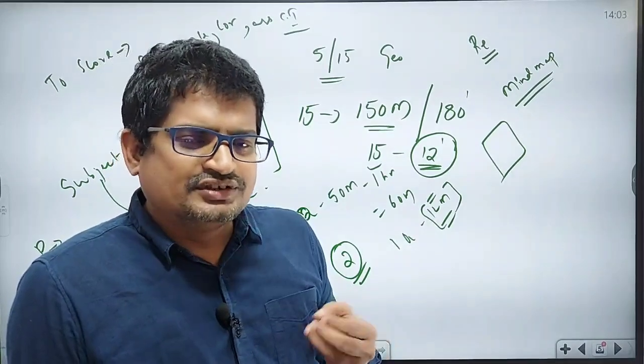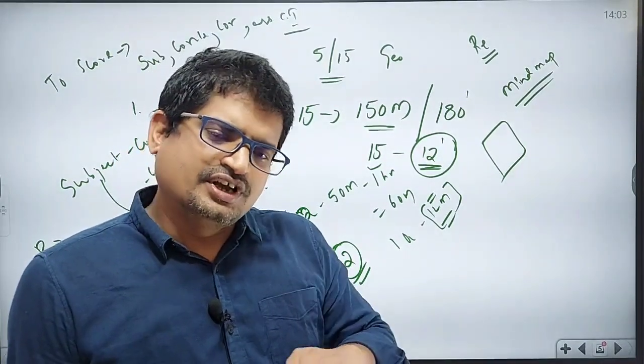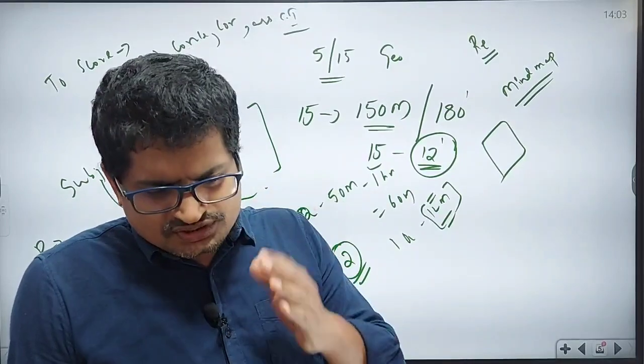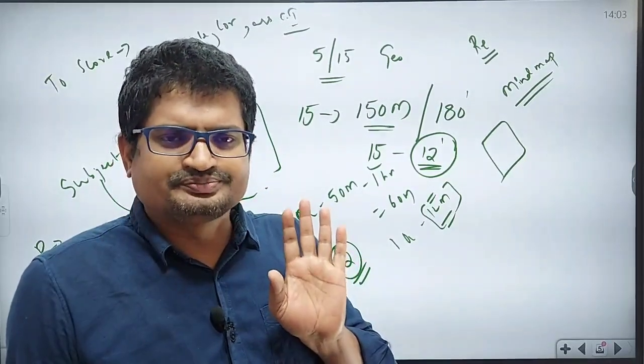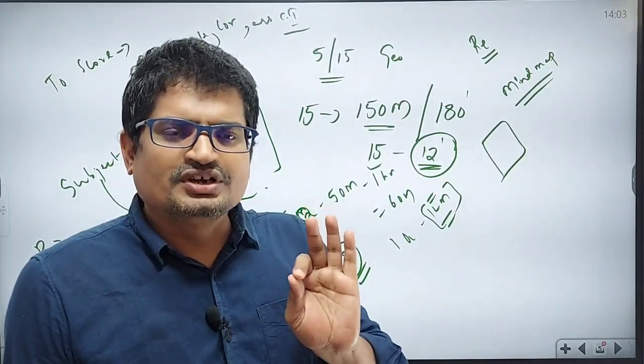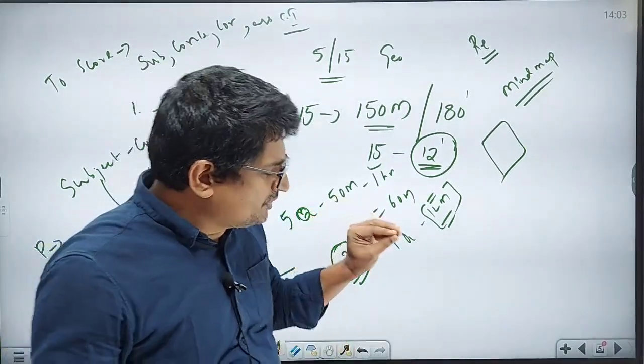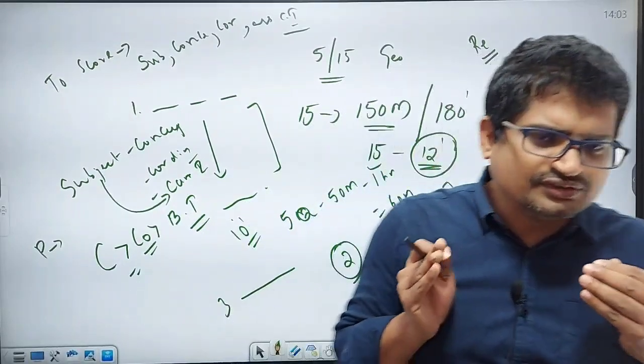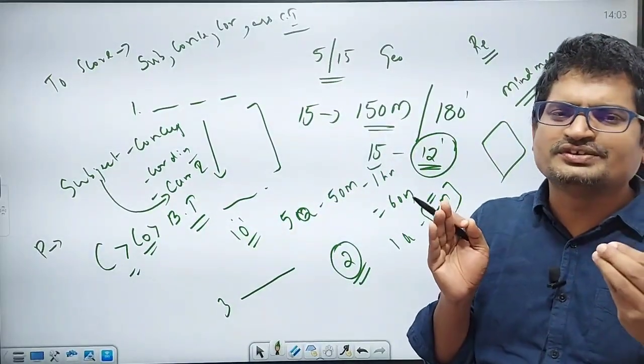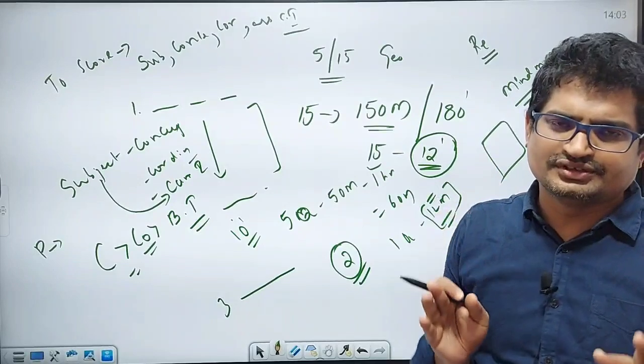Okay, my suggestion is that for every paper, even for the general essay paper, before starting the answer, it is better to write a mind map, for a clean and neat presentation of your answer.